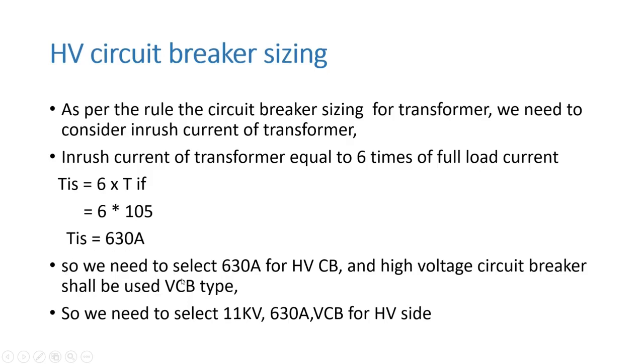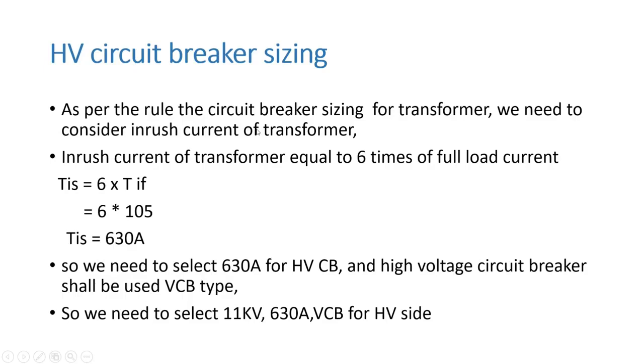So we need to select the HV circuit breaker current rating as 630 ampere, and the HV circuit breaker shall be a VCB type because the voltage is 11 kV on the primary side. As we know, if the voltage is above 1 kV, you have to use a VCB, vacuum circuit breaker, which is suitable for handling high voltages.